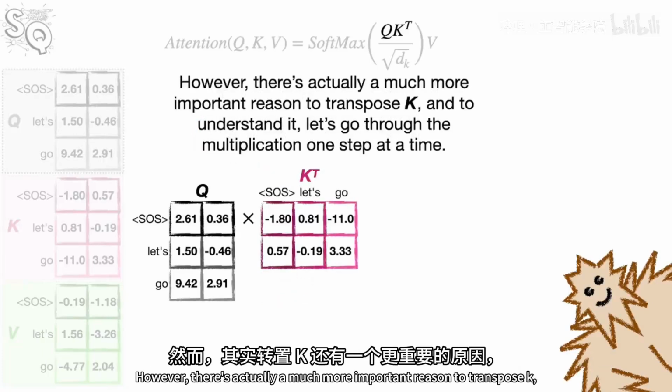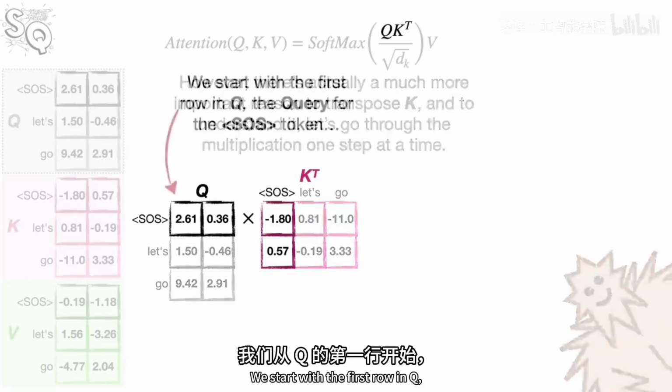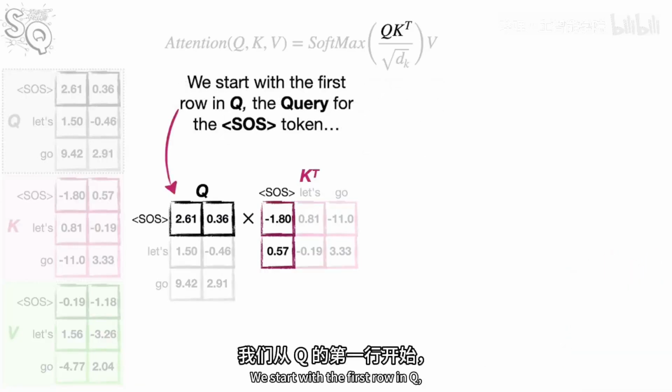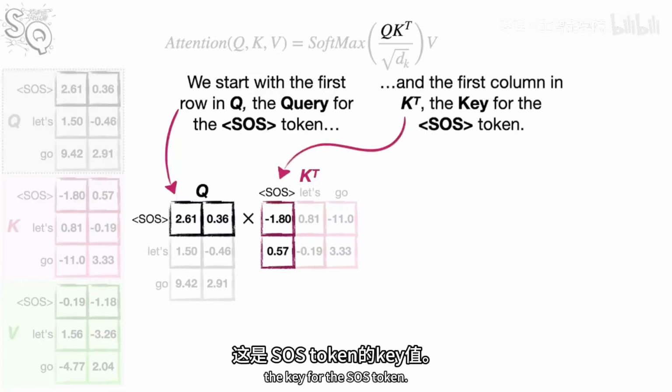However, there's actually a much more important reason to transpose K, and to understand it, let's go through the multiplication one step at a time. We start with the first row in Q, the query for the SOS token, and the first column in the transpose of K, the key for the SOS token.